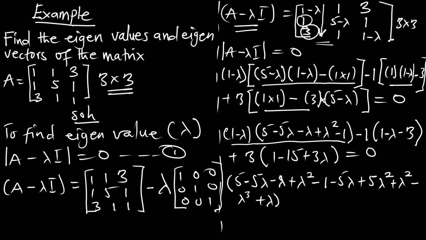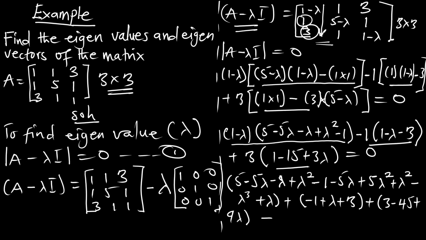So I'm going to expand this form, and that is also going to give me plus, we are going to have negative 1 plus lambda plus 3. Then the last bracket is going to give me plus 3 minus 45 plus 9 lambda. Everything is equal to 0.